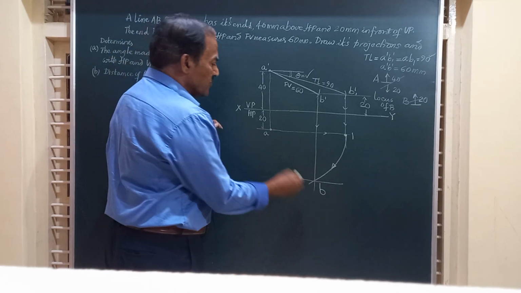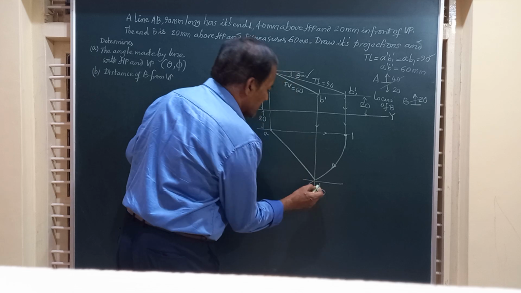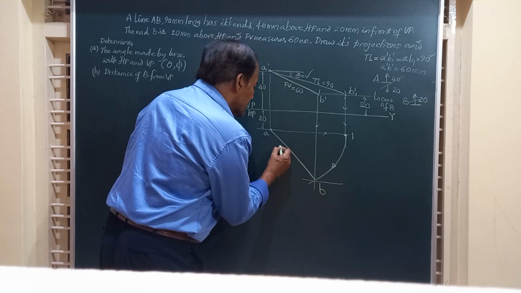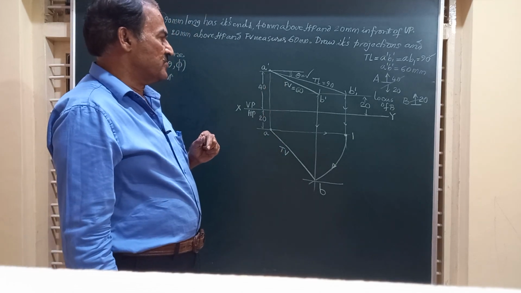You have A, you have B, you join these 2 points to obtain the top view of the line. AB represents the top view, A dash B dash represents the front view.